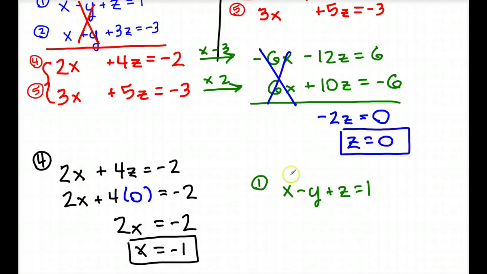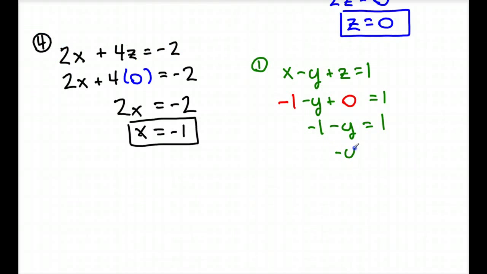Again, now I know x is negative 1. I know z is 0. So this is negative 1 minus y plus 0 equals 1. So that gives me negative 1 minus y equals 1. If I add 1 to both sides, I get negative y equals 2. And so y must be negative 2.